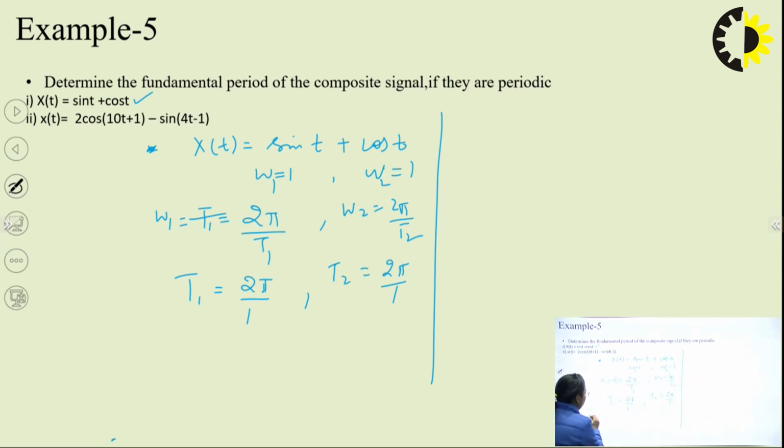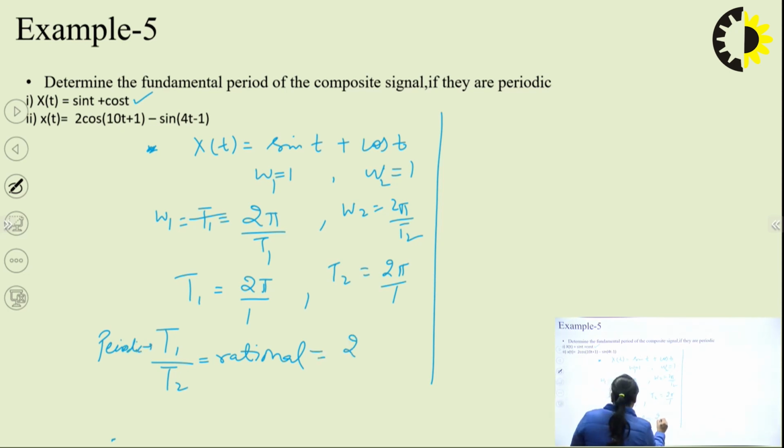To check whether the signal is periodic in nature or not, and to find the period of the signal, the ratio T1 by T2 must be a rational number if the signal is periodic, right? So if we put T1 by T2, it comes out to be 1, right?